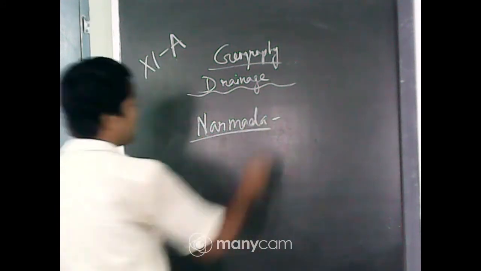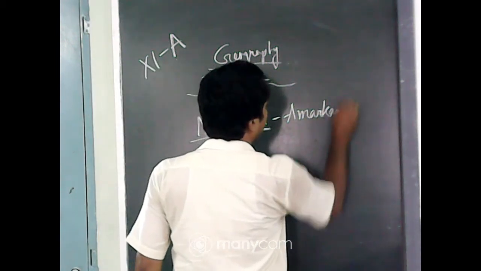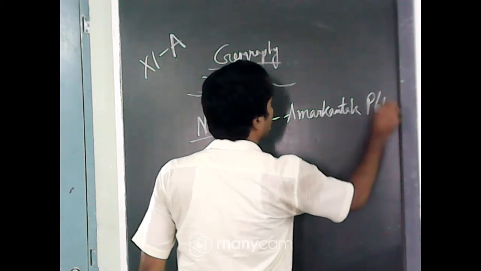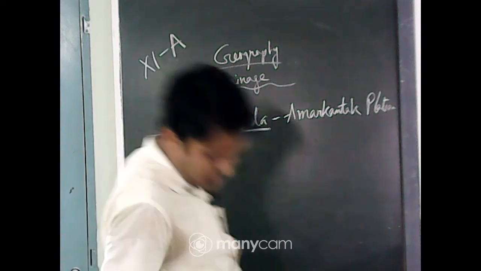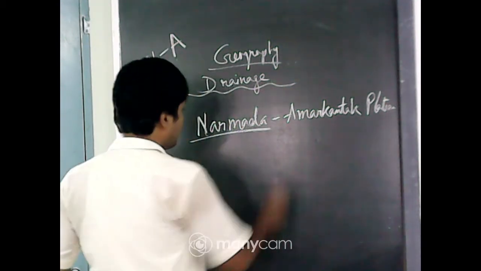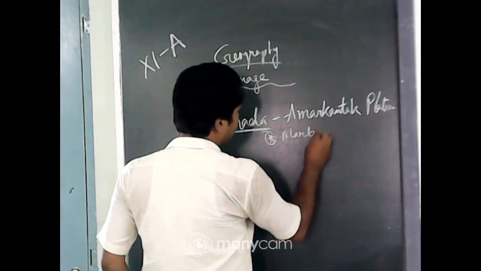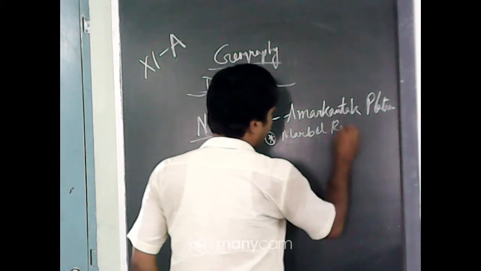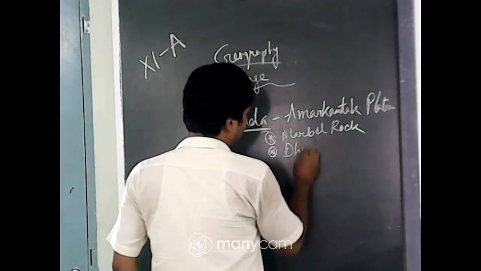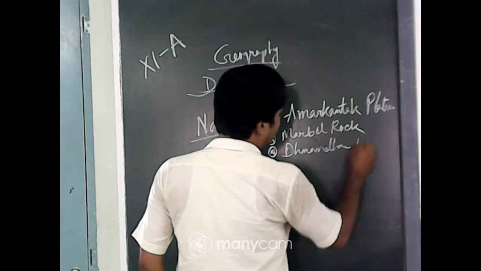Narmada originates from Amarkantak Plateau. This river also has special features. The first one is marble rock, and Dhuadhar waterfall.